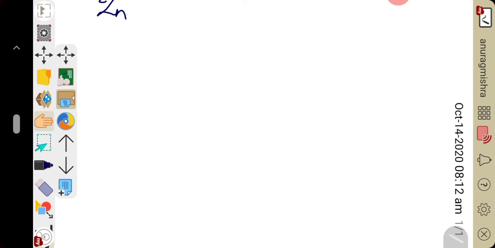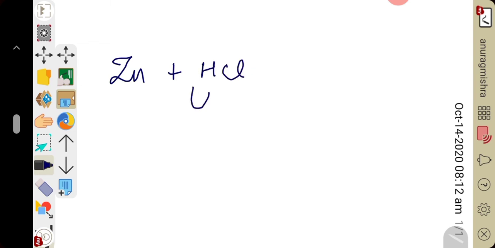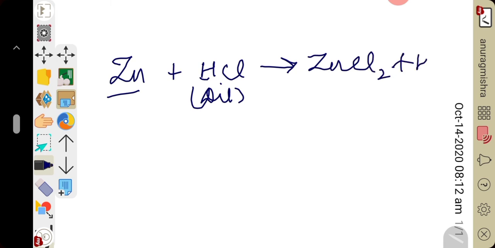And HCl will come in contact with granulated zinc. Zinc is here, and we are pouring dilute HCl into the flat bottom flask. Due to its high reactivity, zinc will displace hydrogen from HCl to form ZnCl2, and hydrogen gas will be liberated.